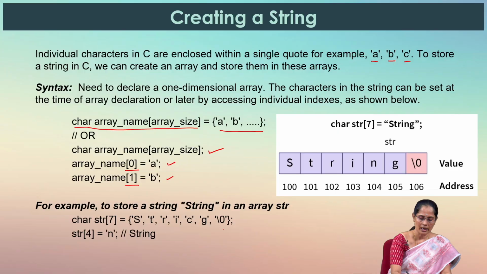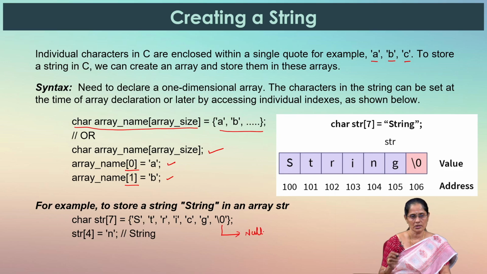For example, for storing the value string in the character array we need 7 characters. Even though the string has 6 characters, we need the last character to be the termination character \0. This is actually the null character which will indicate the termination of the string.